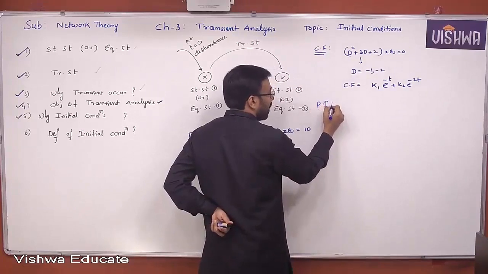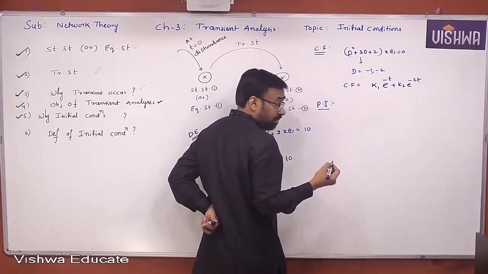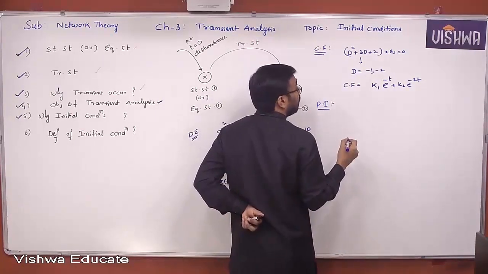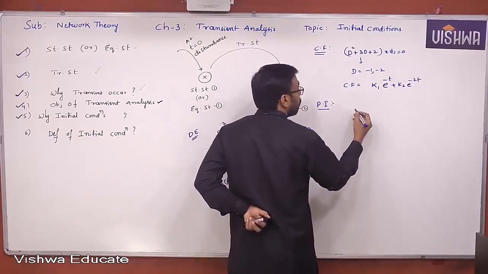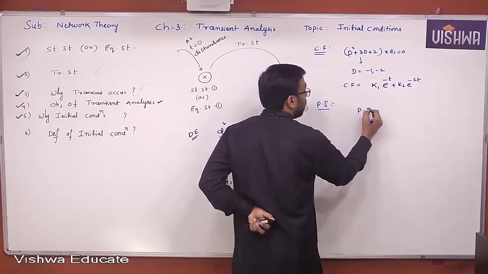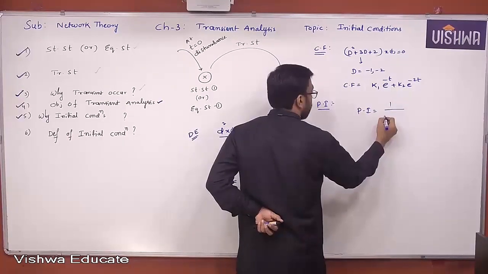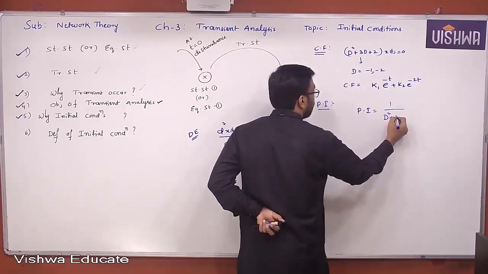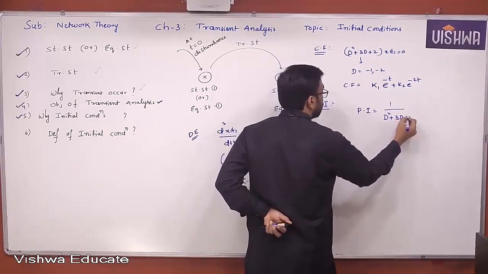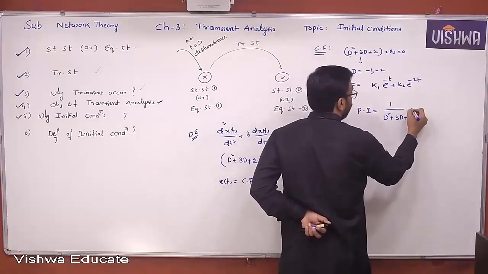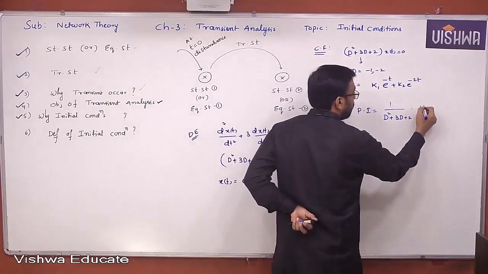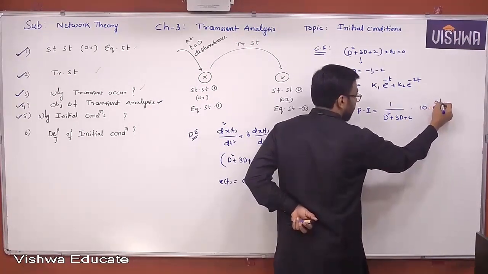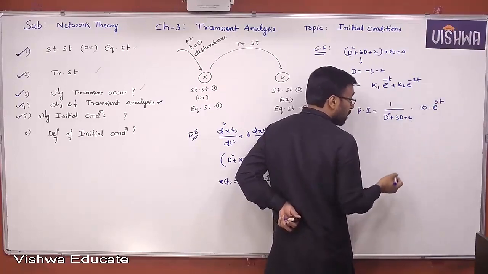Now let us look at the particular integral. All of you might be aware; you're all good at mathematics, differential equations particularly. Otherwise, you can't understand all these things I'm telling you. Particular integral is nothing but 1 by D square plus 3D plus 2 into 10. We can write 10 into e power 0t, because e power 0t is nothing but 1.